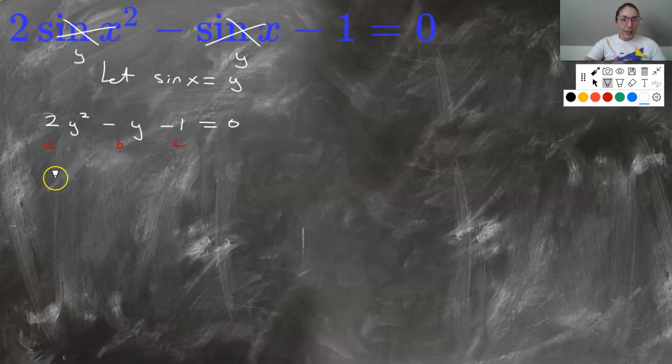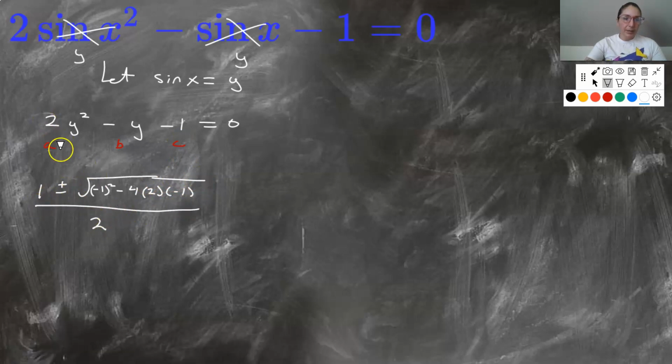B is negative 1, so negative negative 1, positive 1, plus or minus the square root of b squared minus 4 times a times c, all over 2 times a. So y is going to equal all of that.